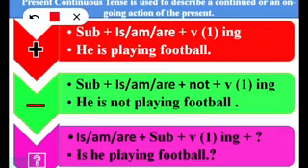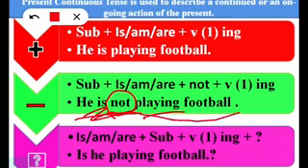See the next one, it is a negative sentence. He plus is plus not plus playing plus football. To make a sentence negative, you should add the negative form next to the helping verb. Here, is is called the helping verb. So you should add not in the middle of is and verb plus ing. So, he is not playing football.